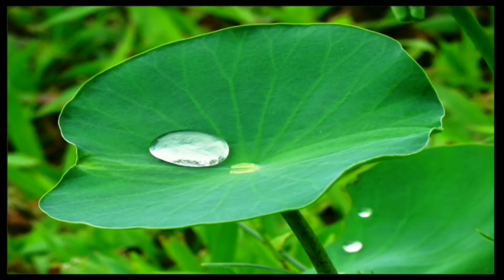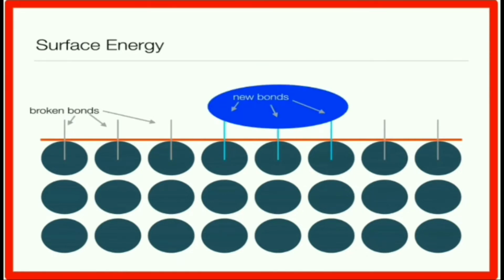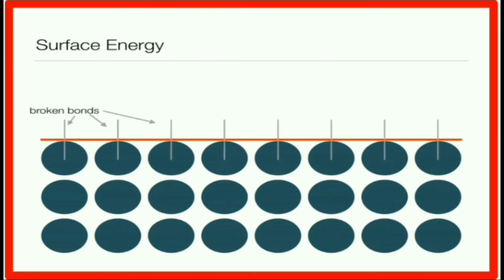Before we dive in detail into the Lotus Effect, it is important to have an understanding of a concept called surface energy. Imagine there is an infinite array of atoms bonded together, an infinitely large piece of material. If we cut a shape out of this material, we would be creating a surface, and in creating a surface, we would have to break bonds between atoms.